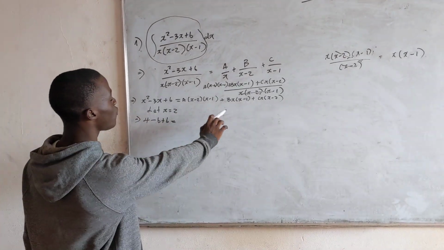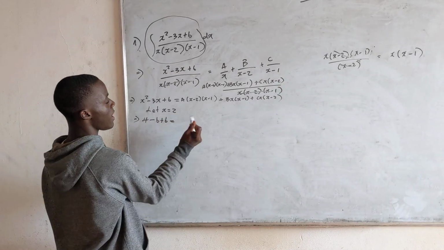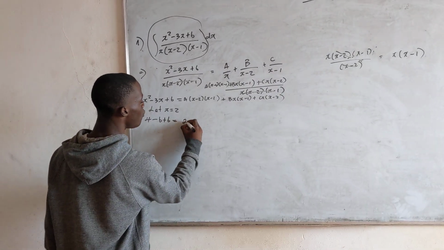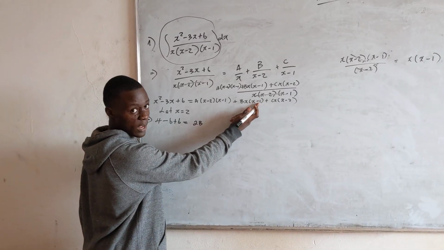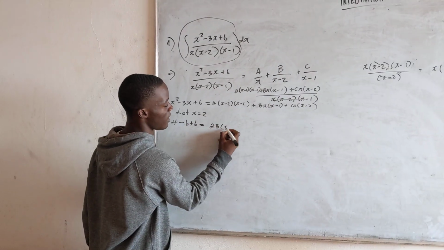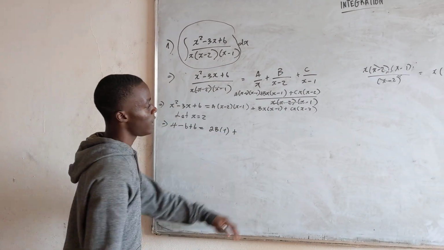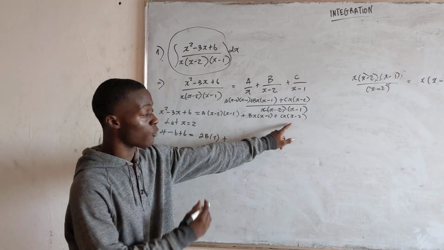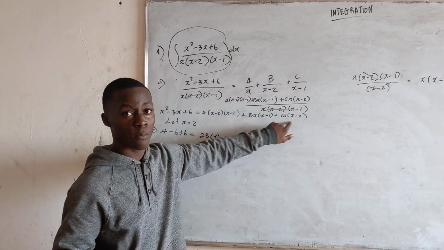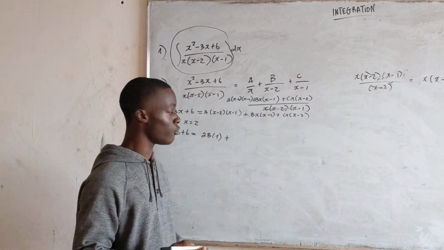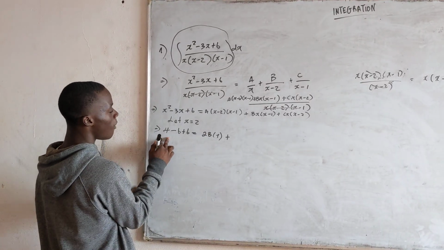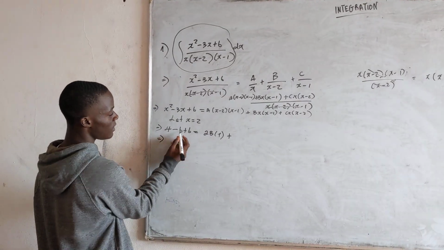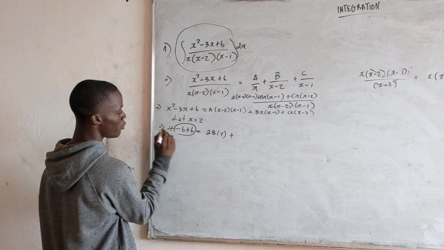Now, if we substitute x equals 2 here, we are going to have 2b in bracket 2 minus 1 will give 1, in bracket 1, plus, if I substitute x equals 2 here, we are going to have 2 minus 2, which is 0, and all 2 will give 0. So we are just left with the b part. Implies 4 minus 6 plus 6. This part like that will give us 0.